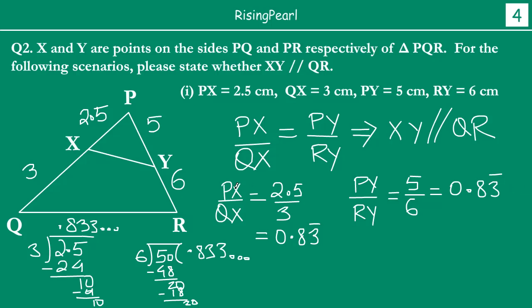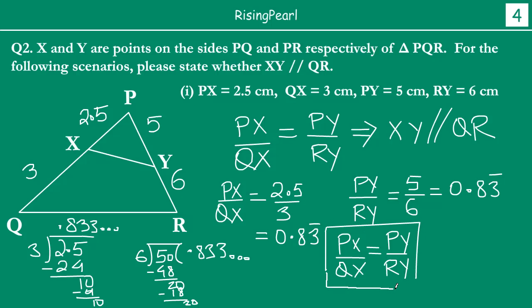So indeed what we are seeing for question 1 is that this ratio PX by QX is actually equal to PY by RY. Because this is true, we can say that yes, these two lines, that is XY and QR, are indeed parallel for our question number 1.